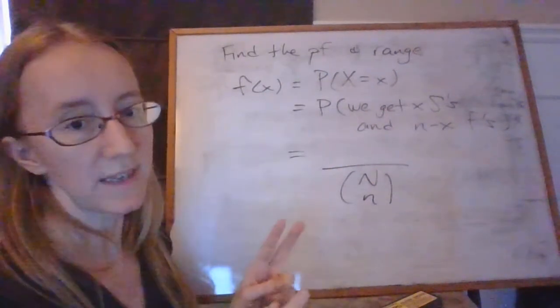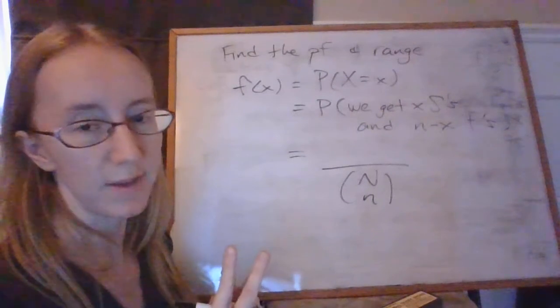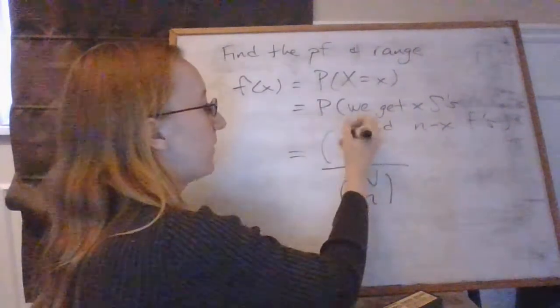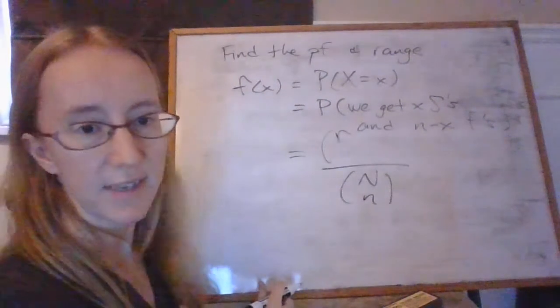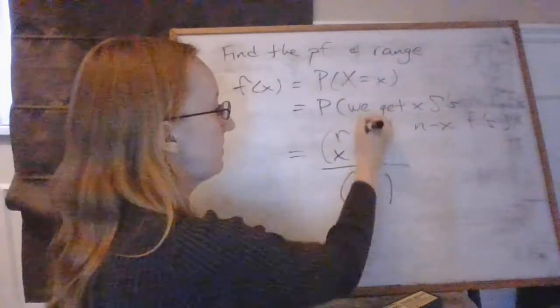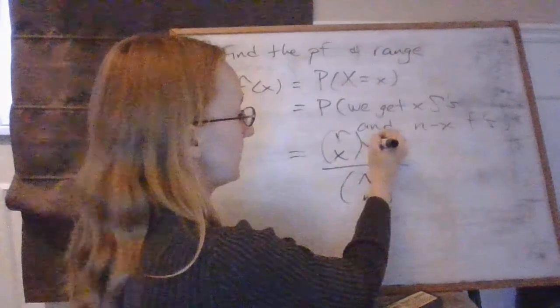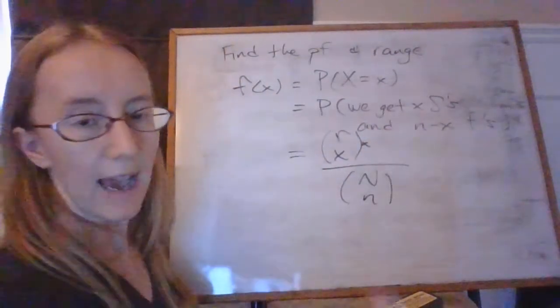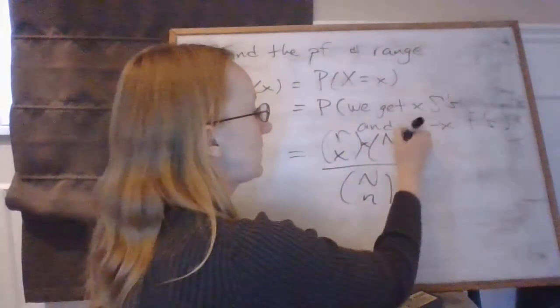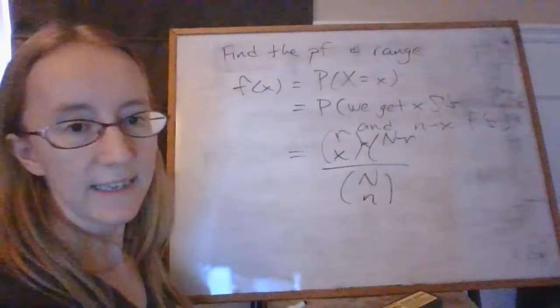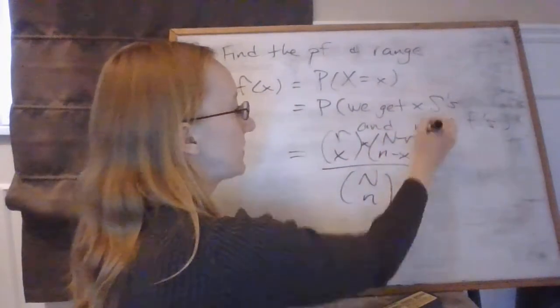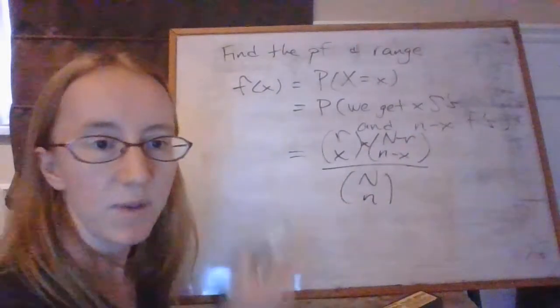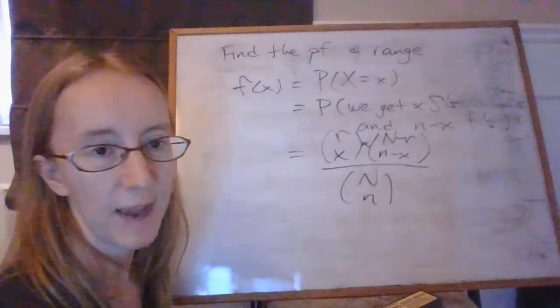We need both of those things to happen, so we multiply two things together on the numerator. From the R available successes, we need to select x of them, and from the capital N minus R failures that are in existence, we need to select little n minus x of them. So that is the probability function for the hypergeometric.